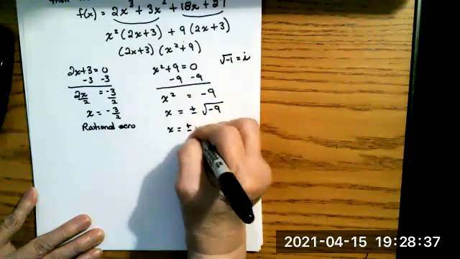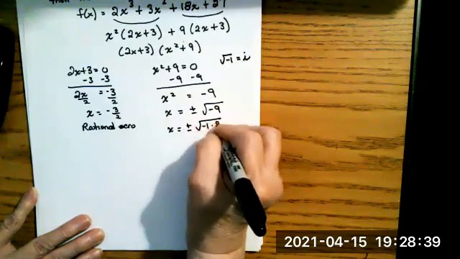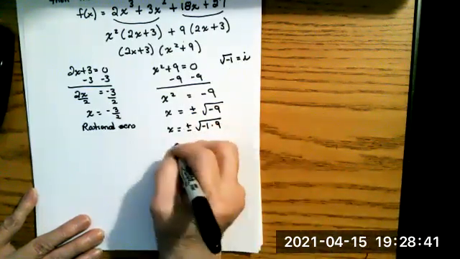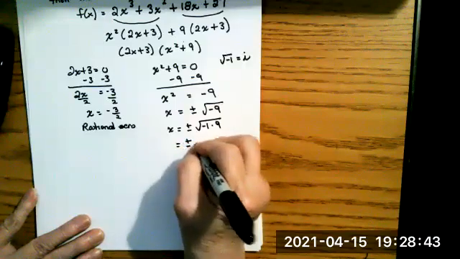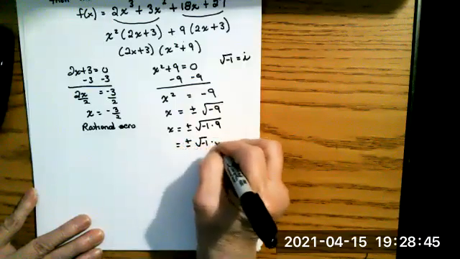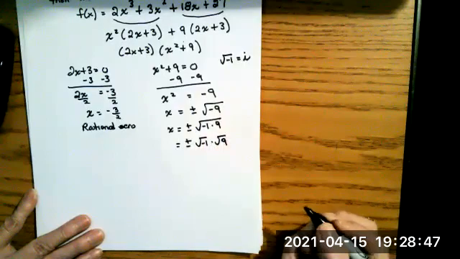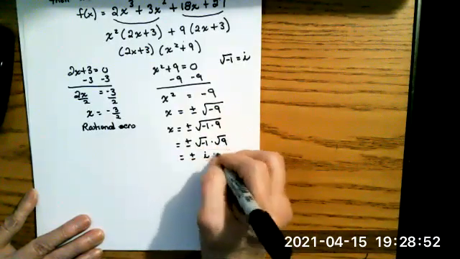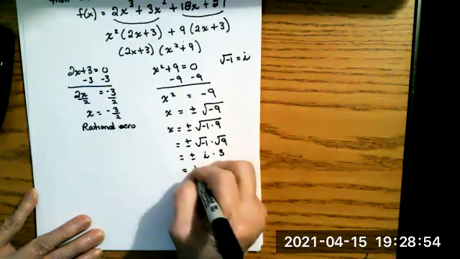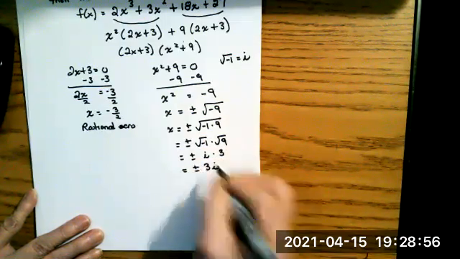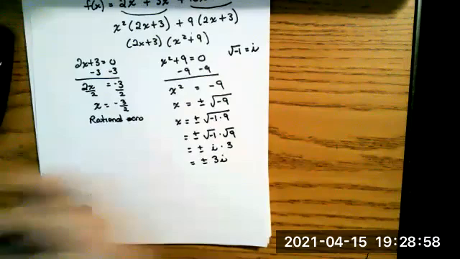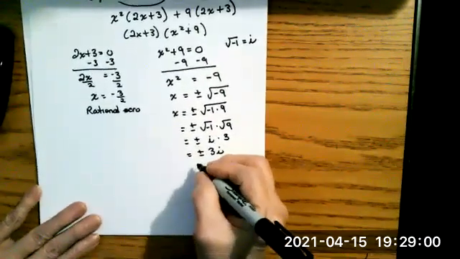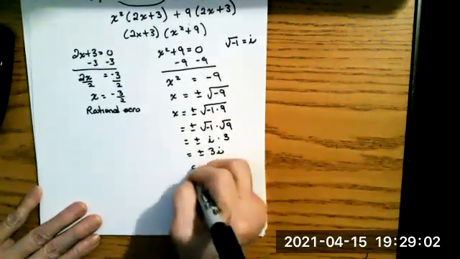So I have plus or minus the square root of negative 1 times 9. Then I can say that's plus or minus the square root of negative 1 times the square root of 9. And that's plus or minus i times 3. And if I want to make it really nice, I'll make it 3i. So these are other zeros.